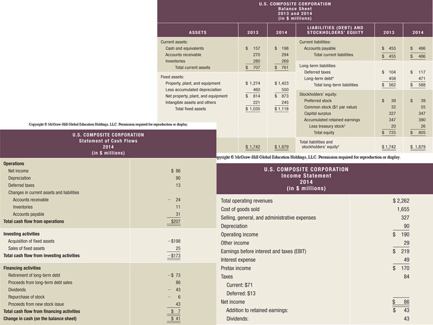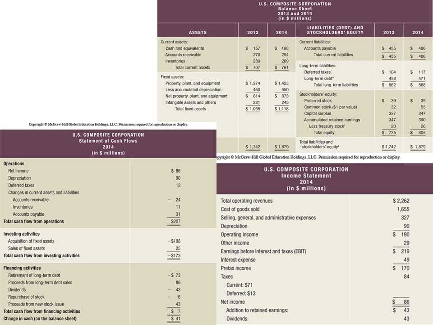Now it's time to see how all these things fit together. Let's start with looking at our statement of cash flows. Our statement of cash flows always starts with net income when we're using the indirect method. So we start with net income, and then we have to make adjustments. Why do we have to make adjustments?